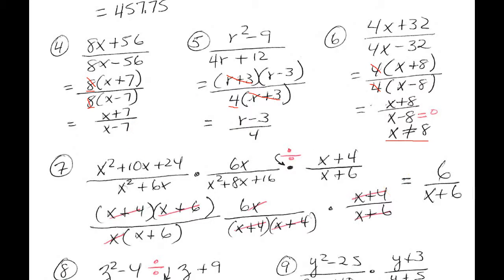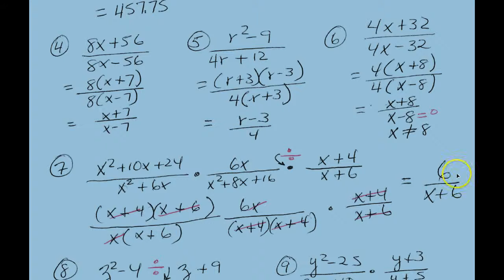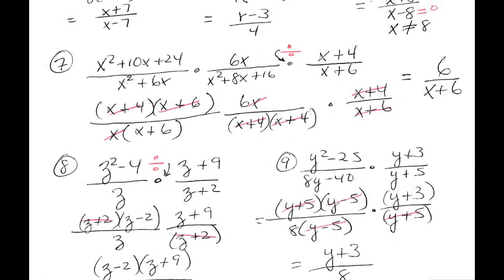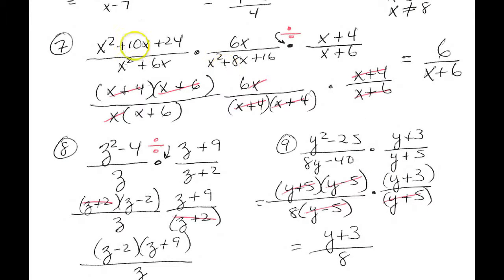Now, for number 7, here we have 3 fractions, and what we had to do to each of them is to factor them. And fortunately, they're not very difficult to factor. Now here, initially it was division, so I had to change it to multiplication, and to save a little room, I then flipped it.